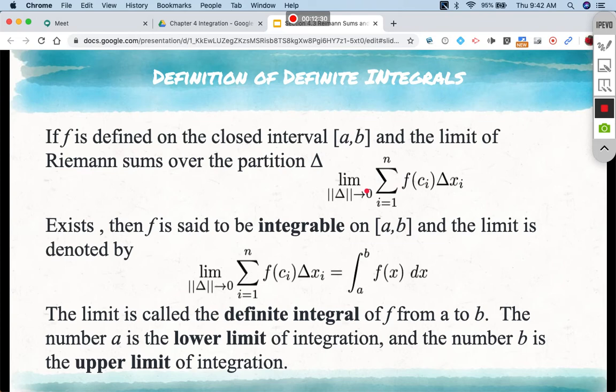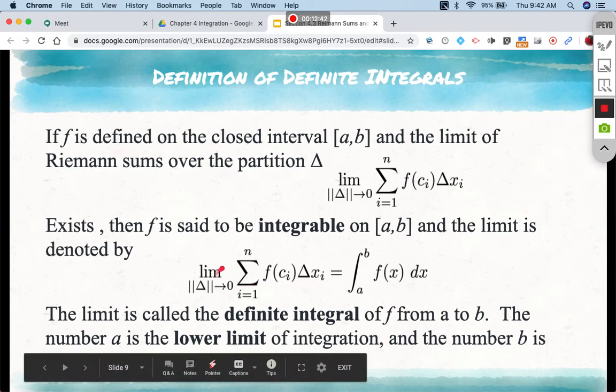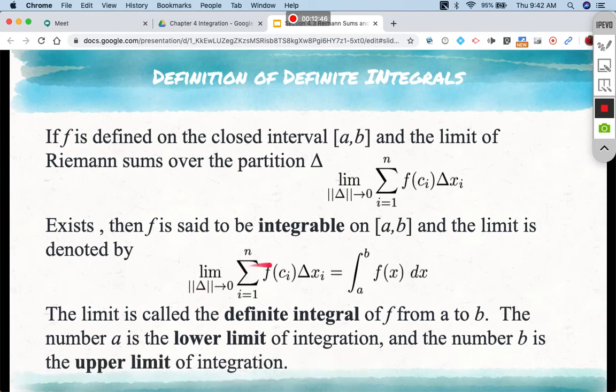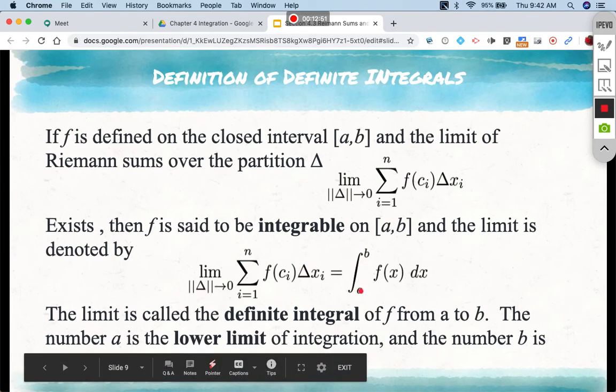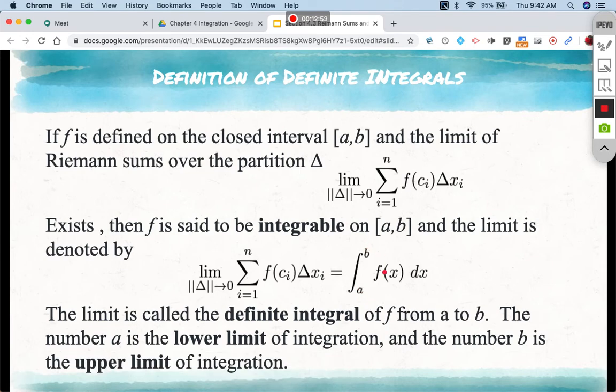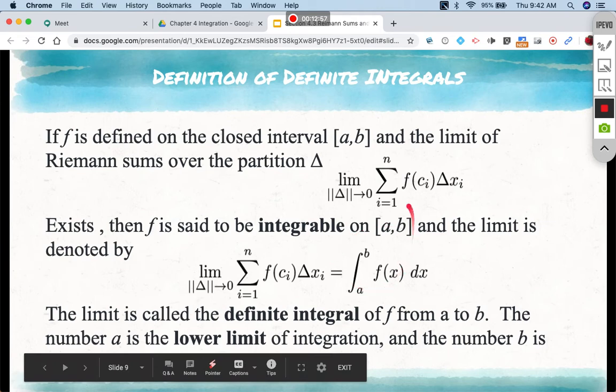If this limit exists, f is said to be integrable. And I always have trouble saying that word for some reason. It's integrable on [a, b], and the limit as the norm approaches 0 of the Riemann sum is defined as the integral from a to b of f(x) dx. This is what we call a definite integral.